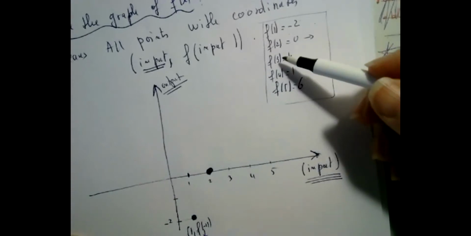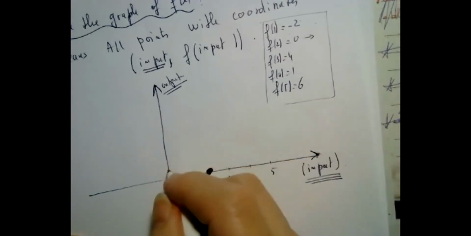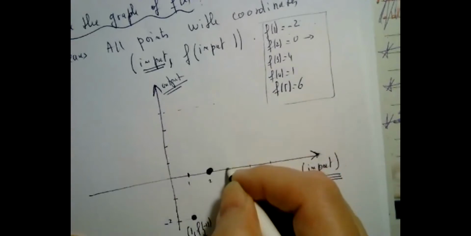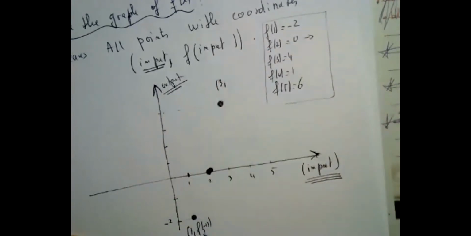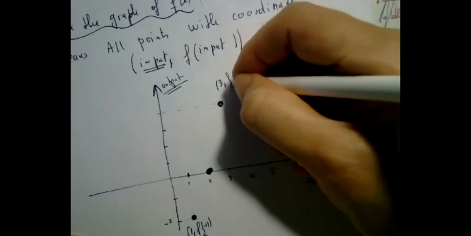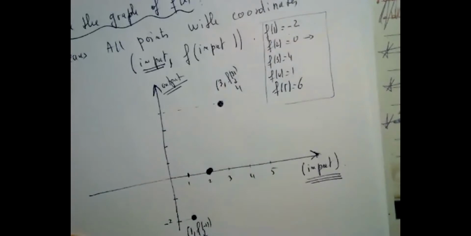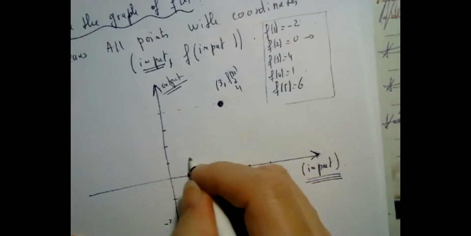The third point, f sends 3 to 4. So 3 is sent to 4. So 1, 2, 3, 4. That's my point. This is 3, the input, and the output is the value of f of 3, which is 4. Then I keep going. 4, 1. So at 4, my output is 1.